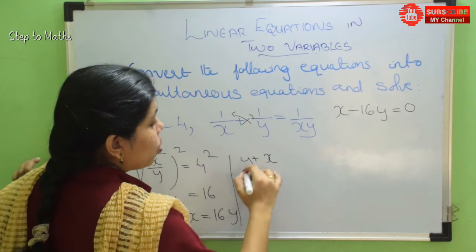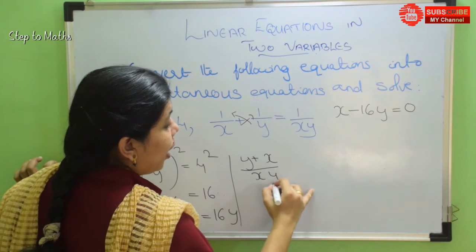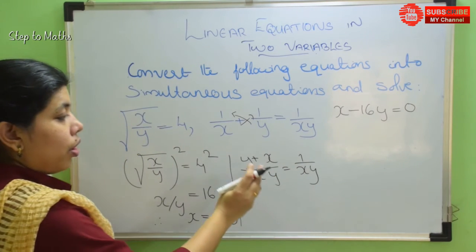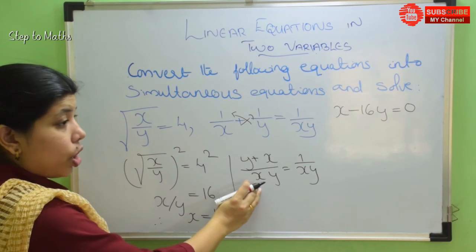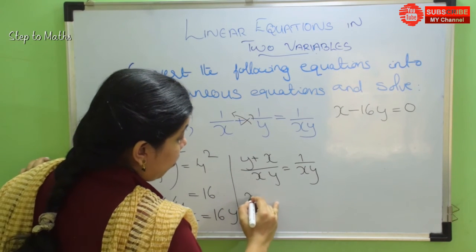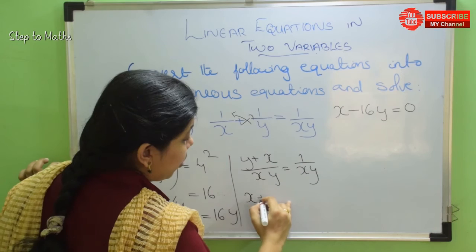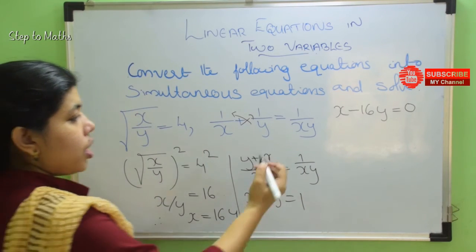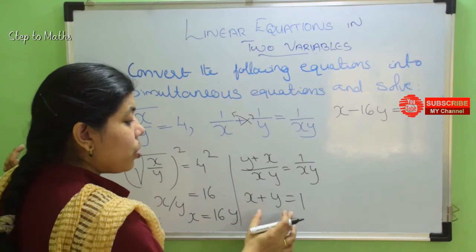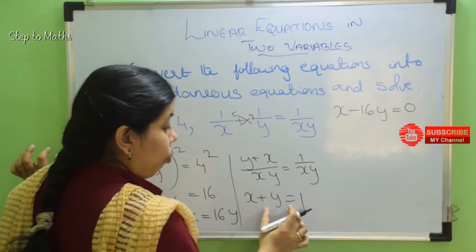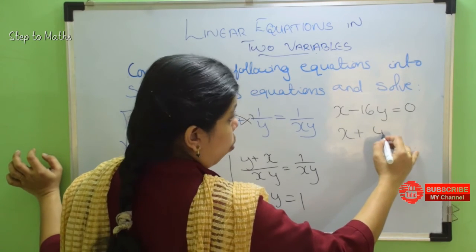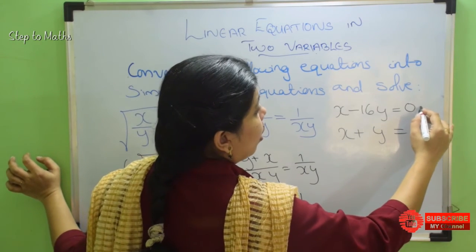Y plus x upon xy equal to 1 upon xy. If we multiply this equation throughout by xy, it becomes y plus x, also x plus y, equal to 1. So the second equation is changed into the form of a linear equation, x plus y equal to 1.